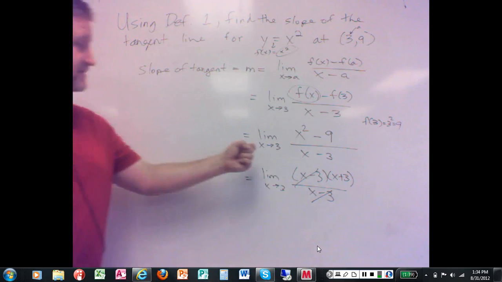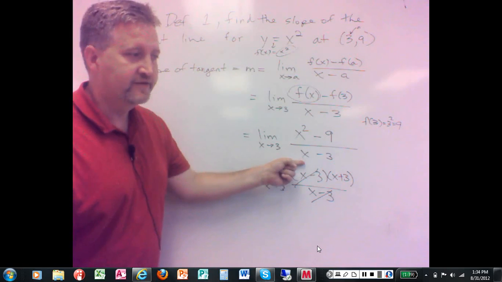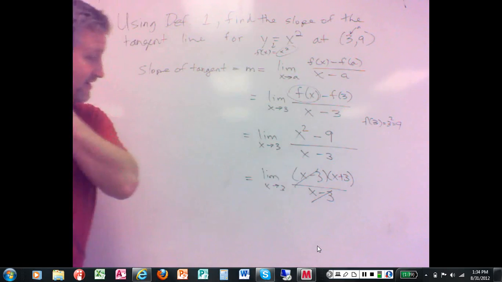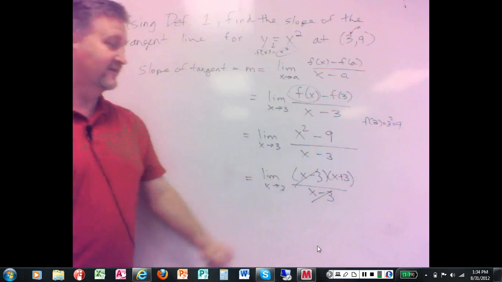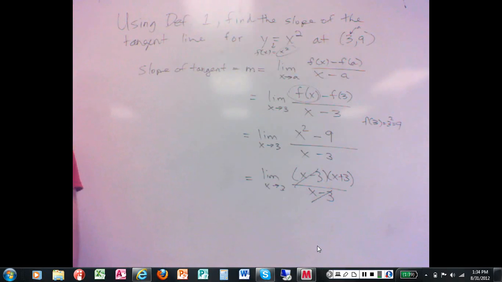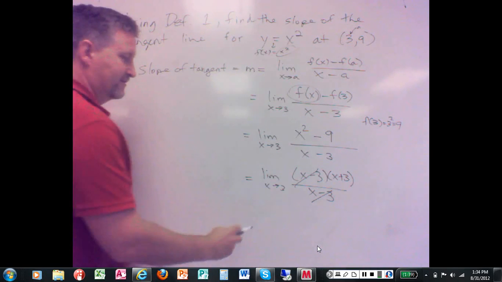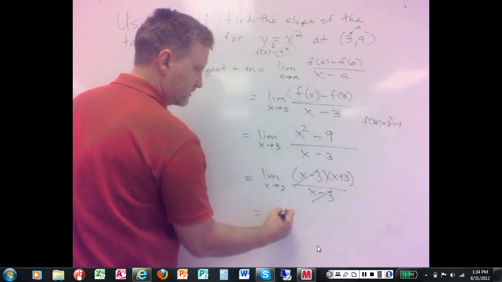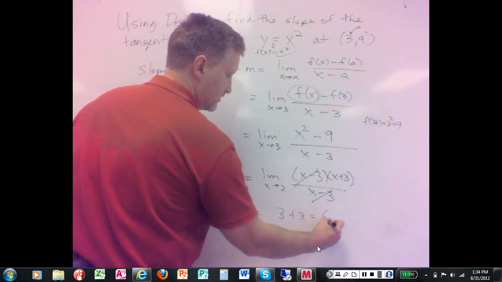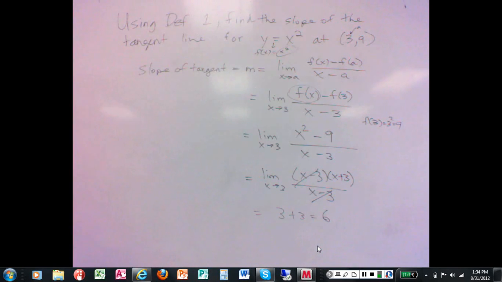We couldn't evaluate this limit yet because 3 gives me a denominator of 0. But now I've canceled the x minus 3 out, so now I've got the limit, don't I? The limit here is just 3 plus 3, that's 6. But now it takes on the added meaning, because what does that tell me? That's the slope of my tangent line at (3, 9).